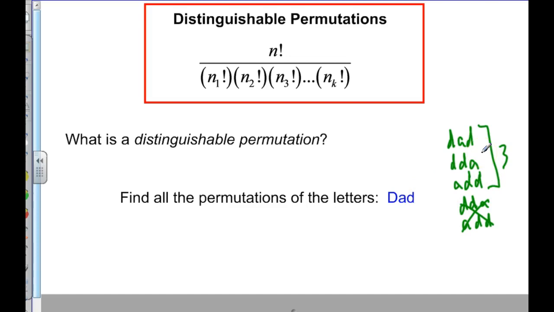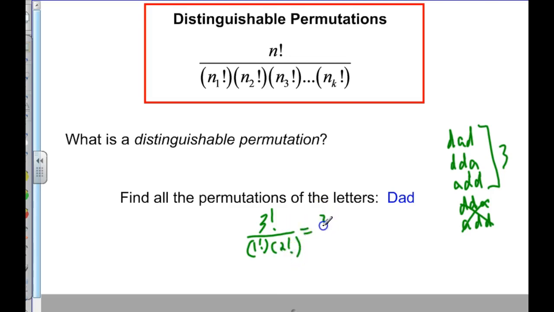So to do this right, what you have to do is plug in your n. The numerator is easy. There's 3 letters here, so it would be 3 factorial. The denominator is all the different groupings. I have 1 A, so that would be 1 factorial. And then I have another group of 2 Ds, so this would be 2 factorial.